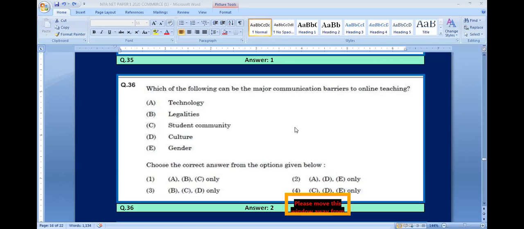Who has the larger proportion of the population? Male is more than female. Correct? The number of males in India is more than the number of females. That is why they said gender is a barrier.